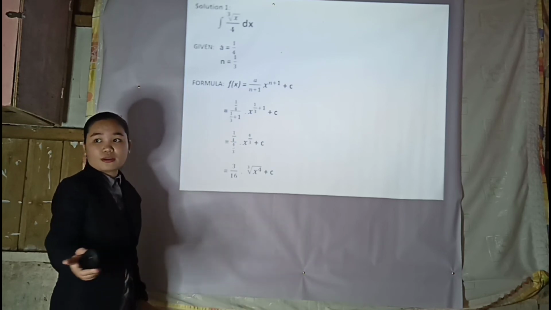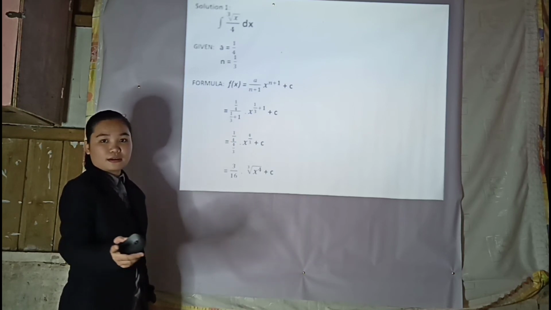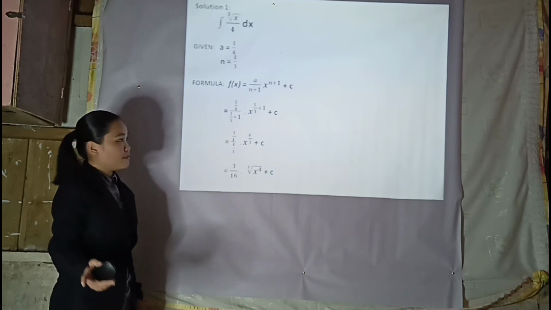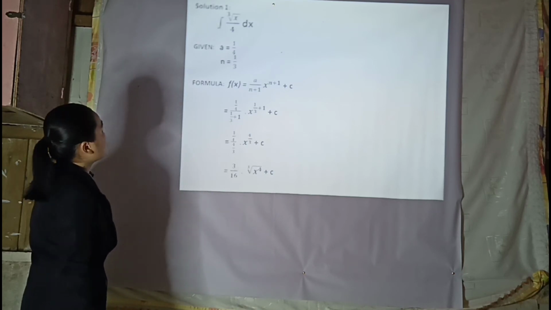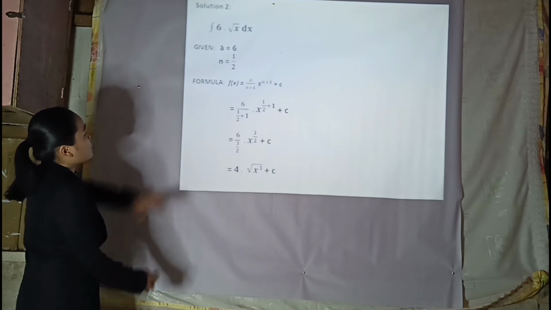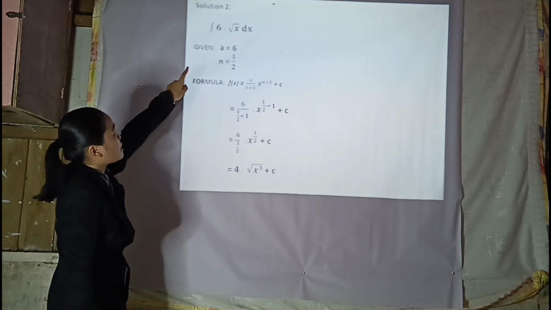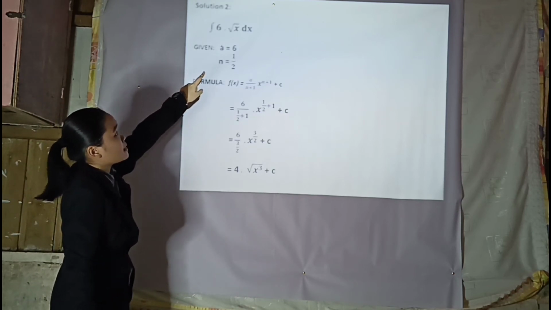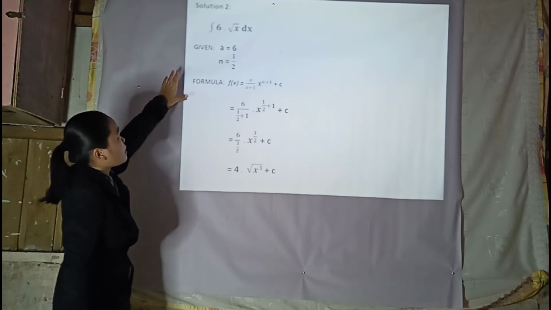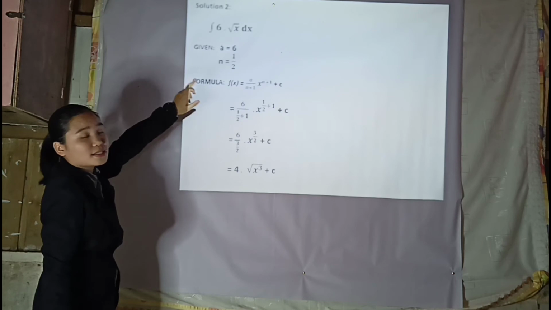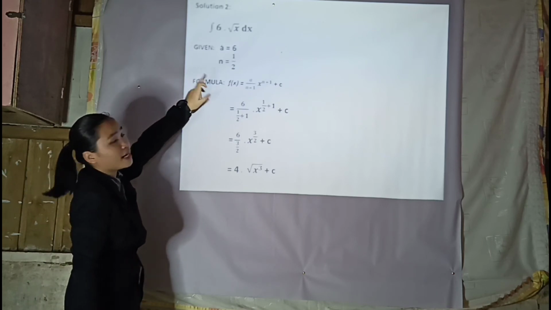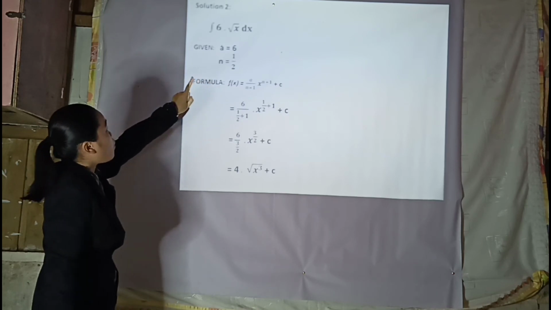Any question? Who got the correct answer? Okay, very good. You got the correct answer. Let's proceed to number 2. So, the integral of 6 times square root of x dx. Here's our given. Our a here is 6 and the value of our n is equal to 1/2.